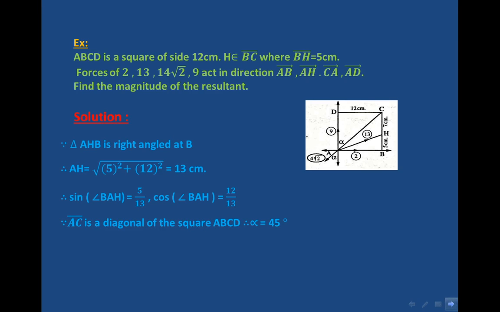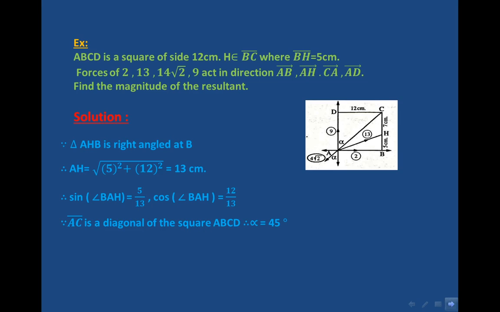Again, for the measure of the angle, I write the value of each force. The force 2, and its angle equals 0 degrees. And the second force is 13, and its angle, I name it as BAH.